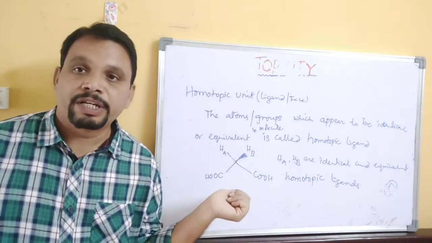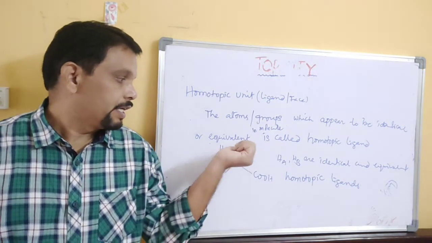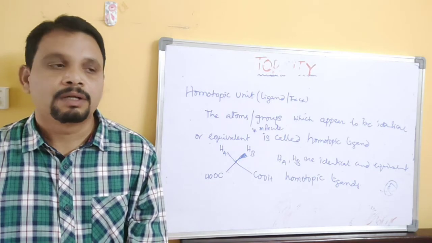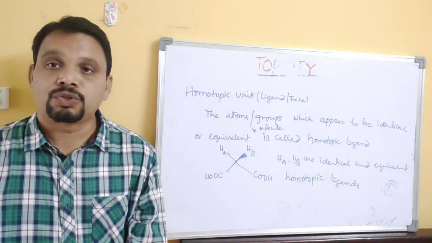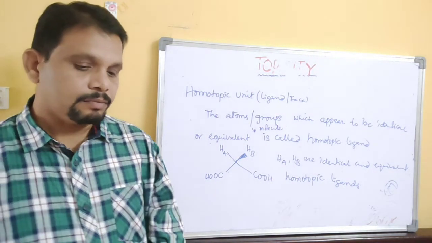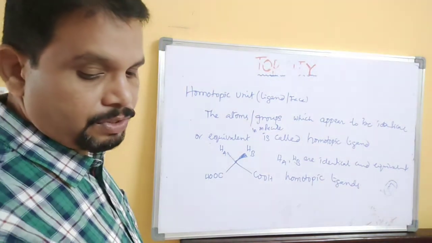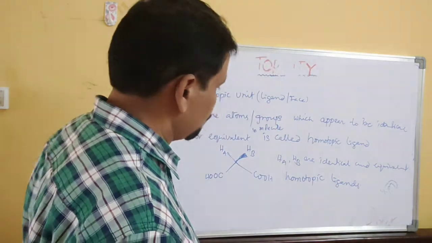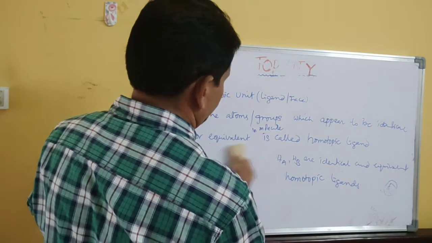And in malonic acid, HA and HB are identical and equivalent, therefore they are also considered homotopic ligands. Okay, I'll give you some more examples to understand homotopic ligands.